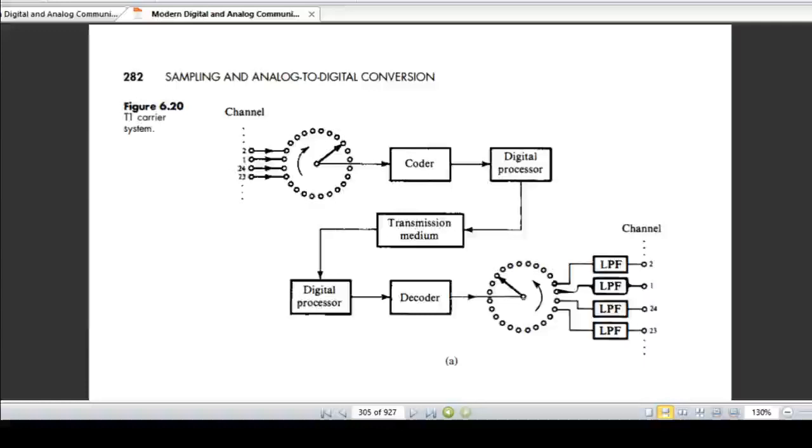In frequency division multiplexing we allot a different frequency to each user. Let us take a 100 megahertz frequency band. If each user is given 10 megahertz, then 10 such users can be accommodated.